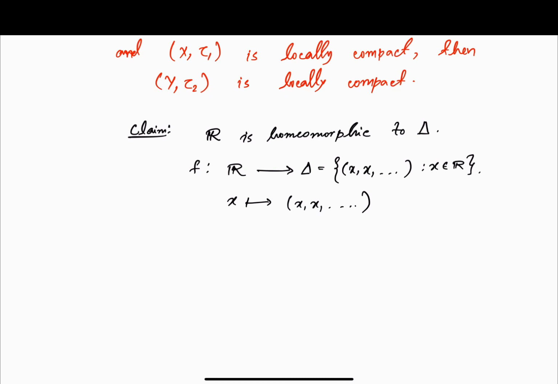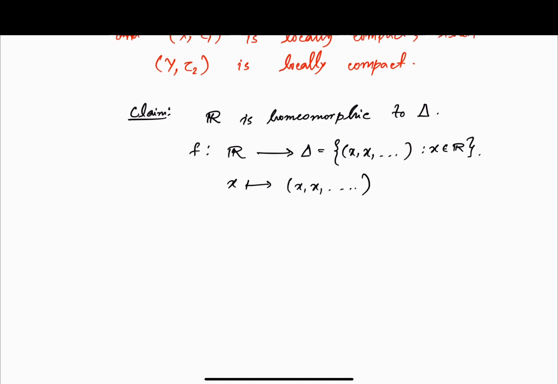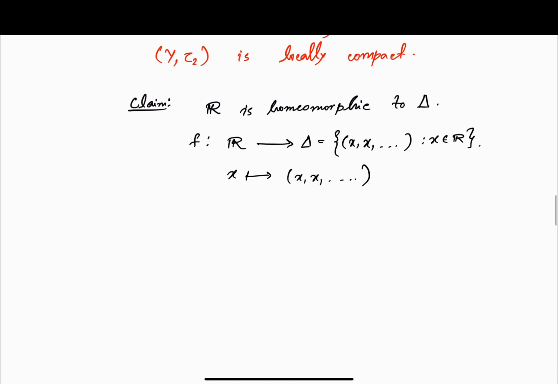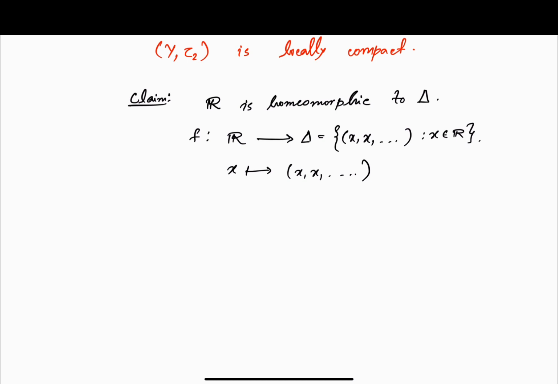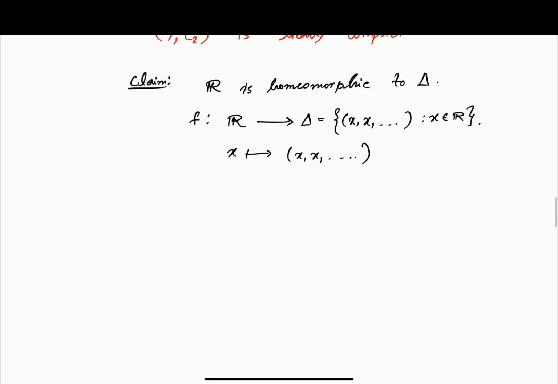Now if we can show that this is a homeomorphism, so let's check the homeomorphism property. Let's use one theorem here. For a homeomorphism, we have to show that f is continuous, bijective, and its inverse is also continuous.